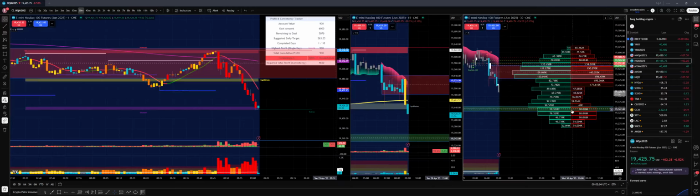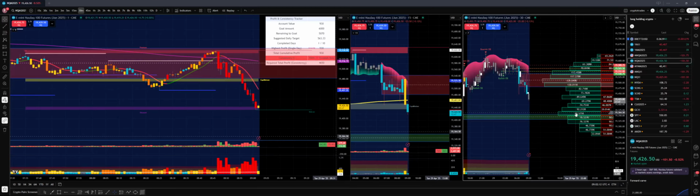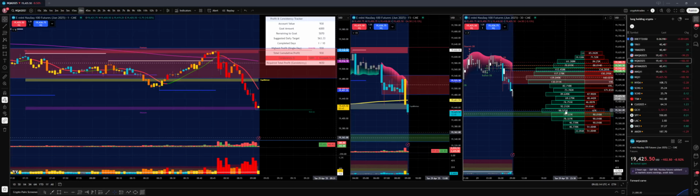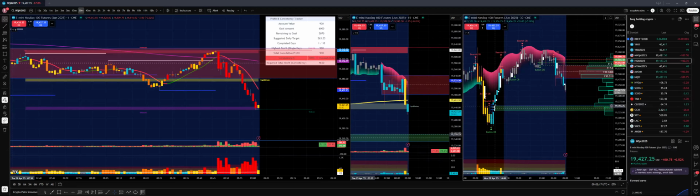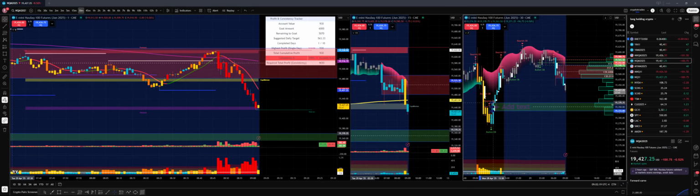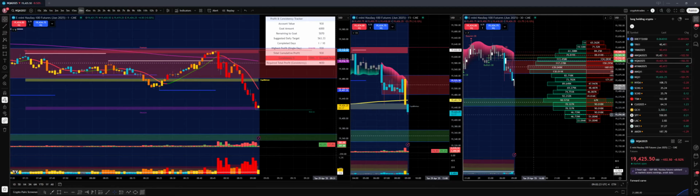All right, so let's look at this volume. Okay, so the volume is not that great on buying down here. It's still more bearish. So it's definitely going to be targeting it right here, right around this area. So that's what it should come down to.